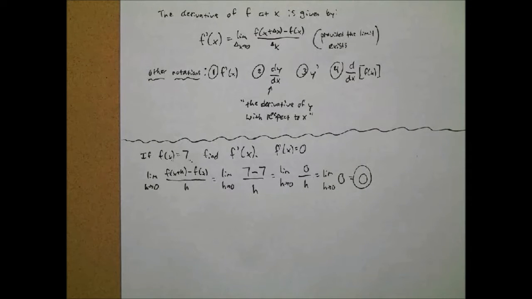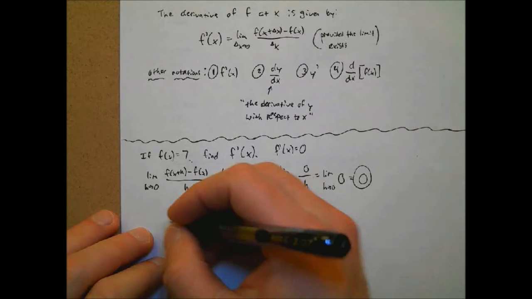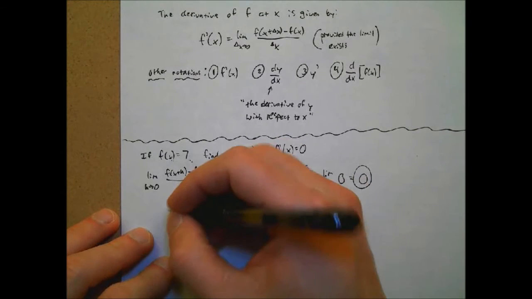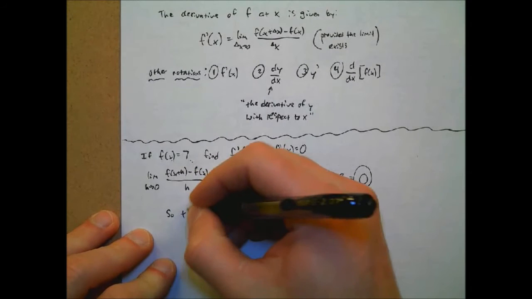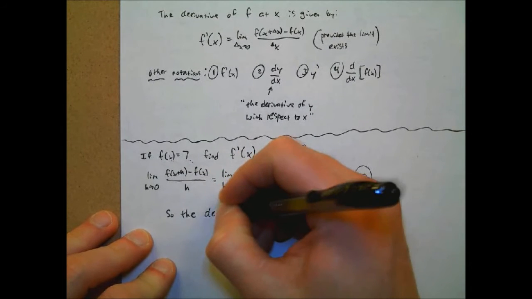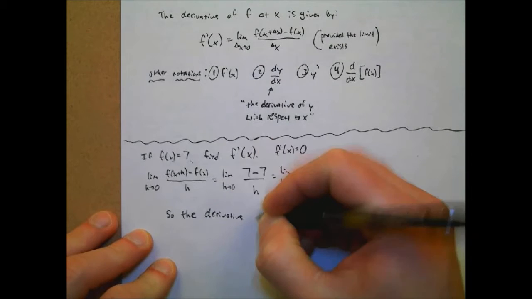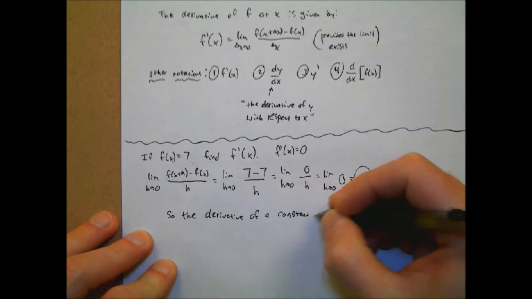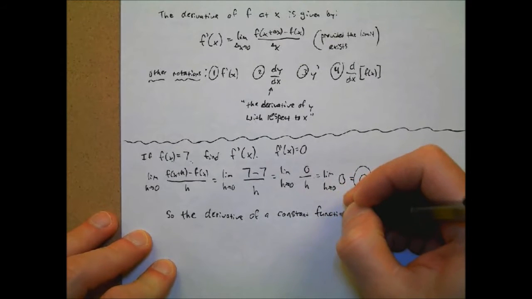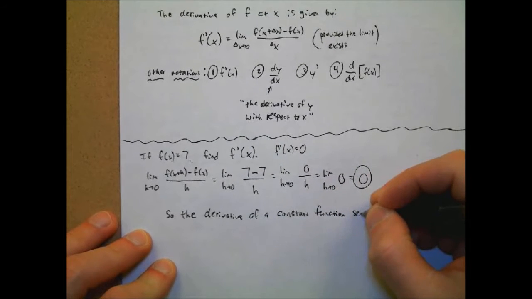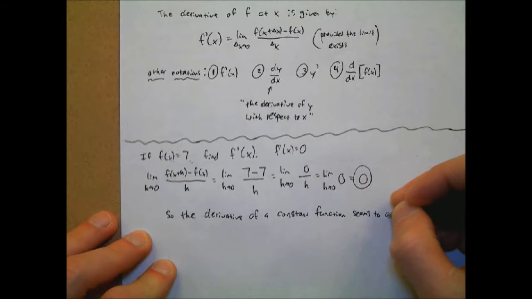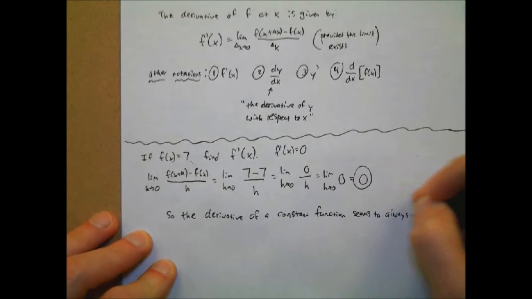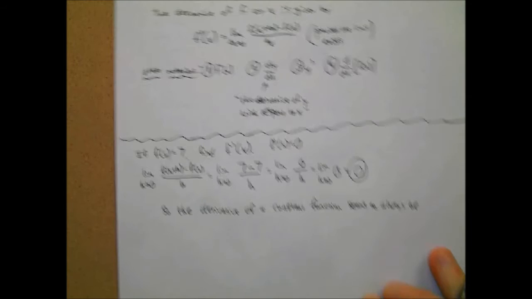Okay. So what can we maybe deduce from here? The derivative of a constant function seems to always be, what should it be?